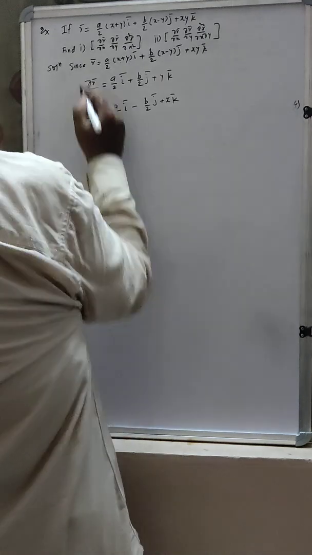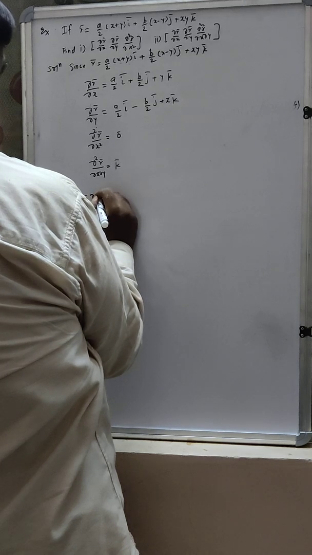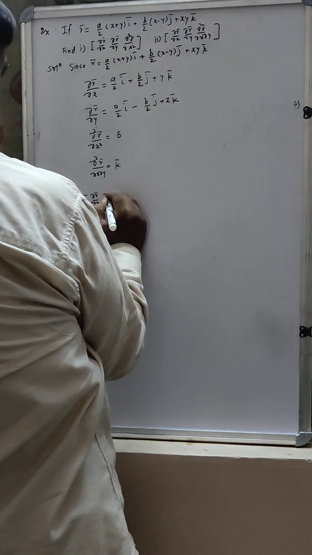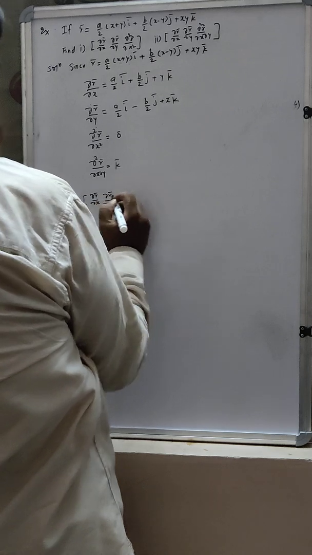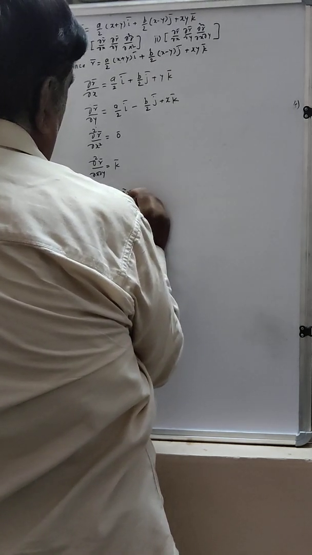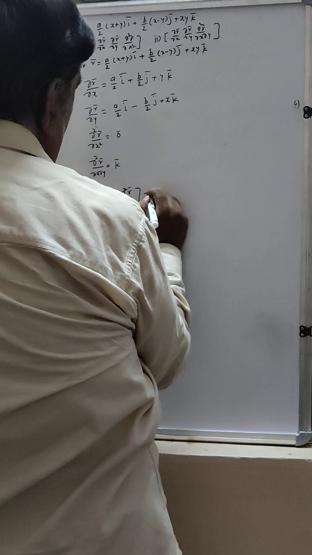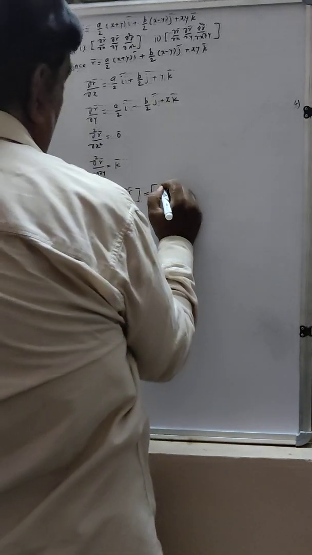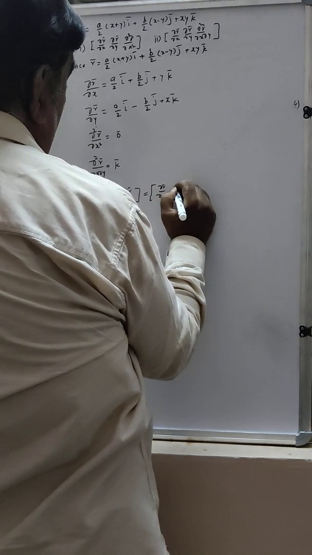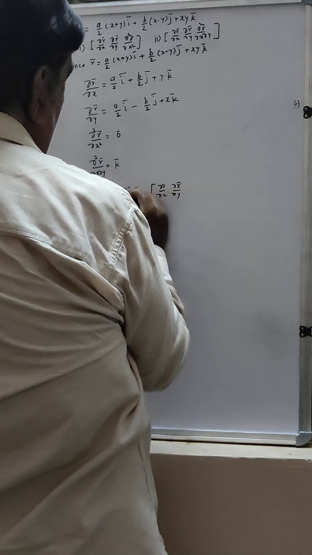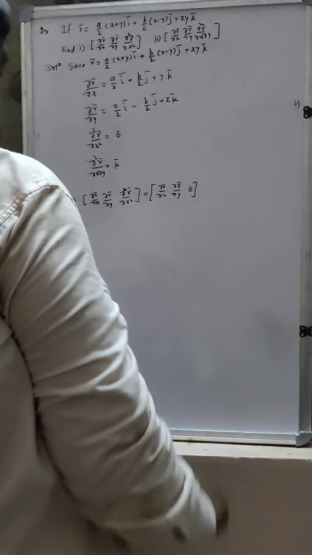Now, first, the scalar triple product of ∂r/∂x, ∂r/∂y, ∂²r/∂x² is equal to ∂r/∂x, ∂r/∂y, but ∂²r/∂x² is 0 vector.